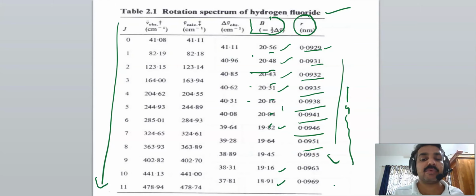This increasing bond length and decreasing B value come with increasing J. Higher J means higher speed of rotation, and with increasing speed of rotation the bond will stretch and compress. The bond is elastic. Therefore, the B value decreases and the bond length increases.